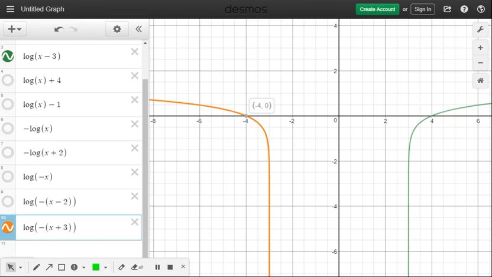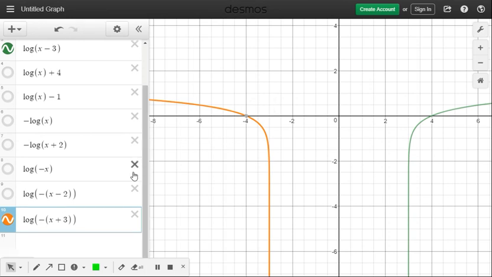So if you see that the graphs are going in opposite directions, and the x value changes sign while the y value stays the same, then it was a reflection across the y-axis.